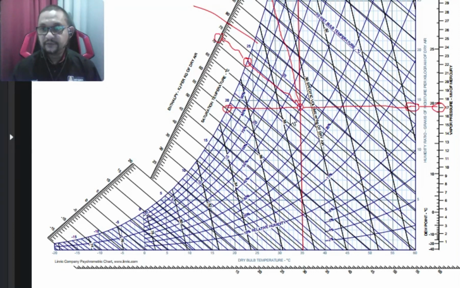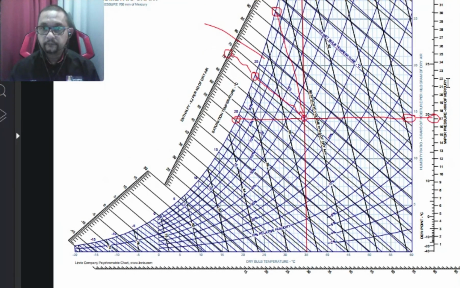It is on this side, between these two lines. Because these black lines here and here show the volume per unit mass.